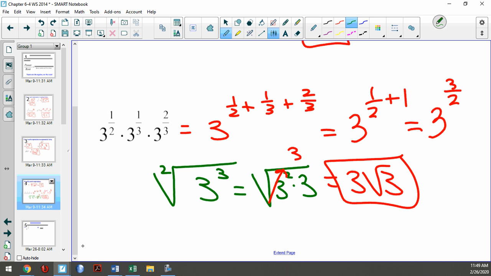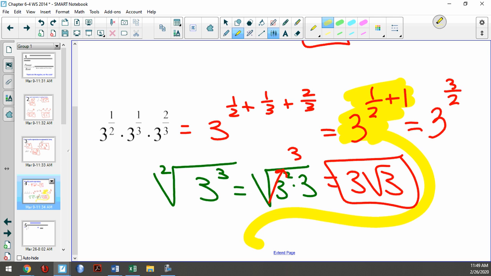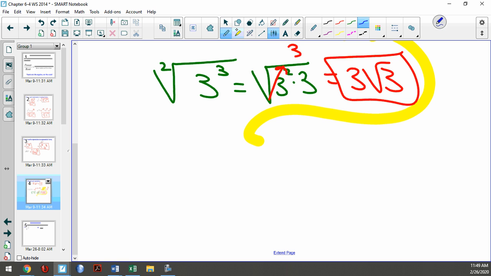Now, I would like to show you something. Are you ready? You should not have had to have done 3 or 4 steps there. When you had this right here, your brain should have said, oh, well, 3 to the half times or plus 1 is the same thing as 3 to the half times 3 to the first. Yes?